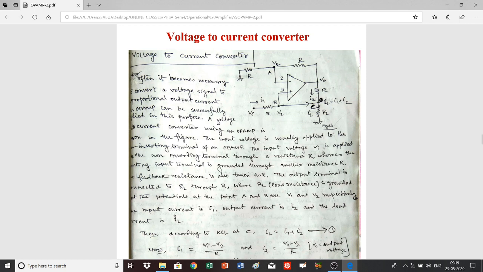Sending the current will be easier, and when the current reaches the desired distant place, that current can be converted back into voltage. So the output of the sensor can be sent to a distant place.